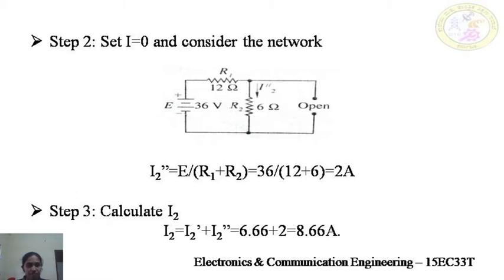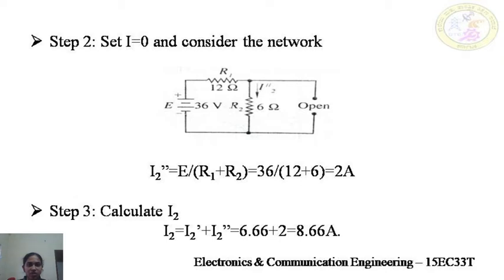In the second step, set I is equal to 0 and consider the network. Here the current source is set to 0. The current source is replaced by open circuit. The current through 6 ohm resistor is calculated using Ohm's law.